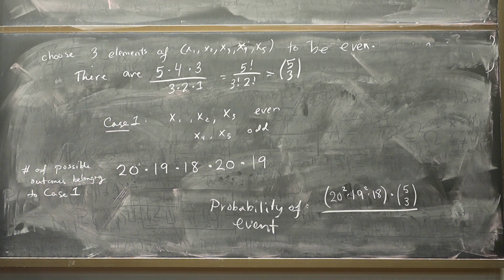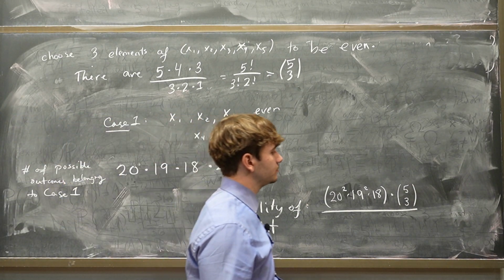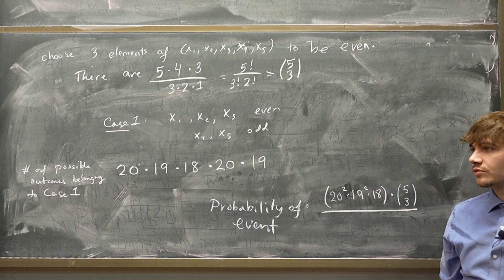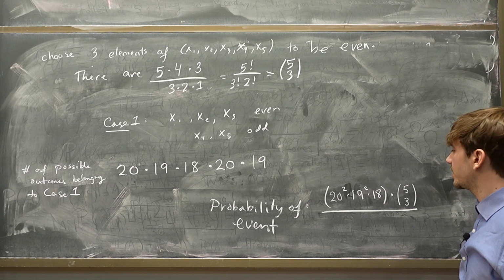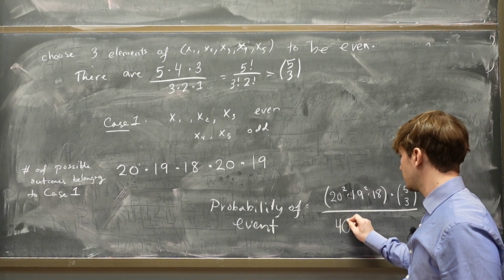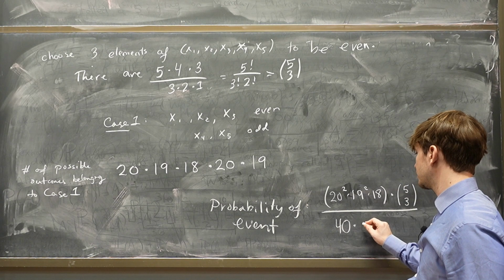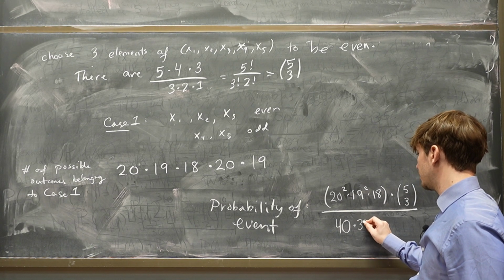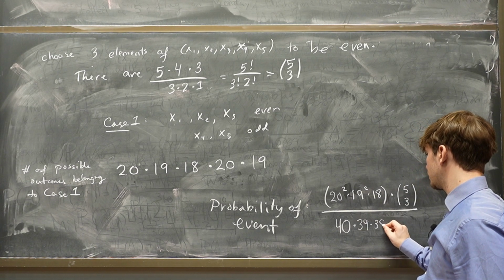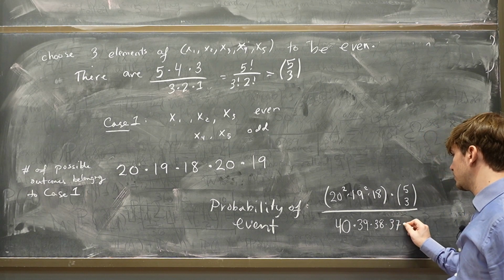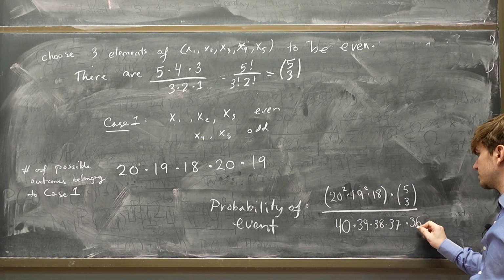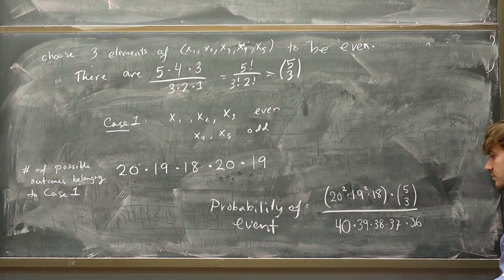And remember, the number of total outcomes was 40 times 39 times 38 times 37 times 36. Okay? And so you could clean this up. You could dress up this number a little bit. So why don't we do that?